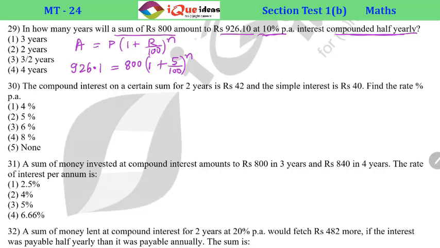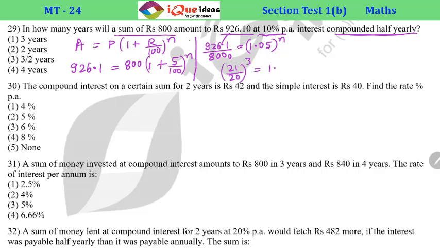All right. Now, what we should do is send this 800 to the other side. So 926.1 divided by 800 equals 1.05 to the power n. Now, if you remove the decimal, you will get a 0 here. Now, this becomes very interesting. If you remember the cubes, 9261 is 21 cube, 8000 is 20 cube. So it is 21 upon 20 whole cube.